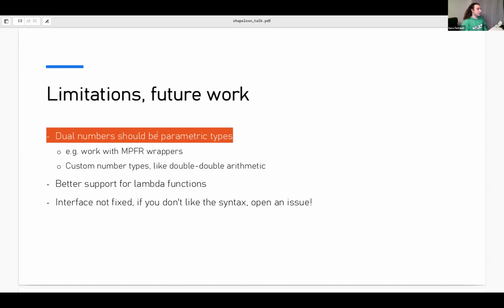Or the original motivation when I started writing: I worked a bit with interval arithmetic, so if I have my type for interval, then I should be able to differentiate a function that takes an interval using the same library, by plugging the interval inside as primal and dual part. So yeah, definitely making it generic, parametric, and supporting different number types is vital for the library. Otherwise, it's a bit boring.